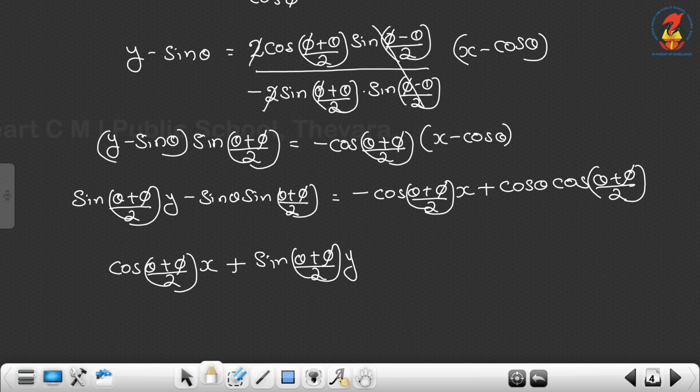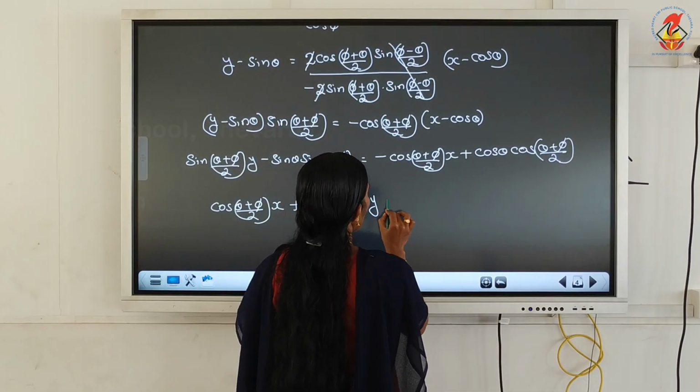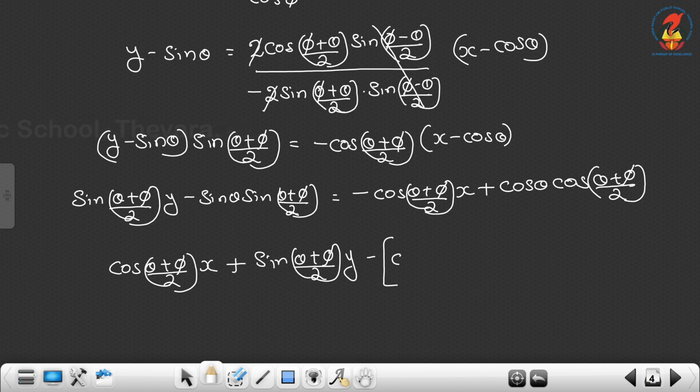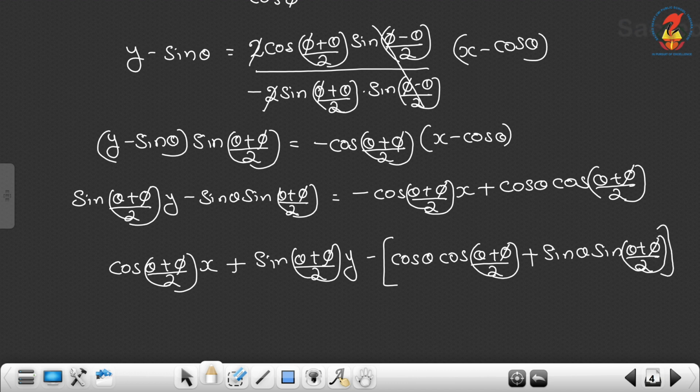So here this term also negative we can take out, then bracket cos (theta plus phi) the whole by 2, then plus sin theta and sin (theta plus phi)/2, which is equal to 0. Okay. Now this is of the form ax plus by plus c equal to 0.